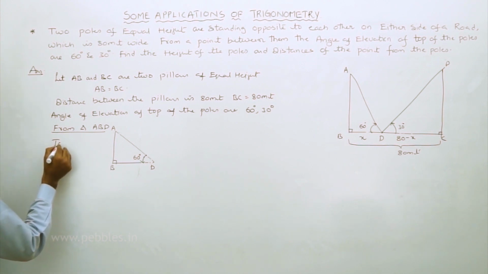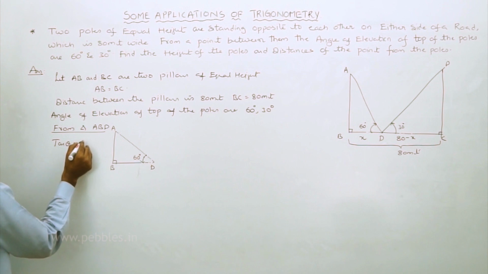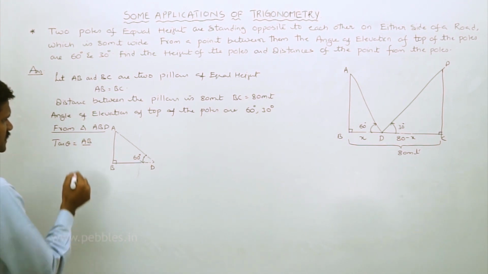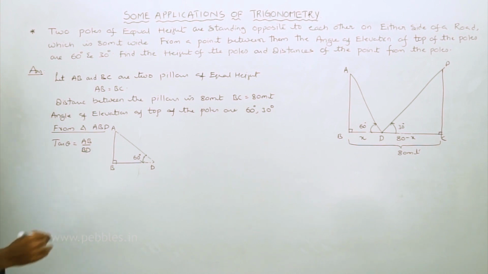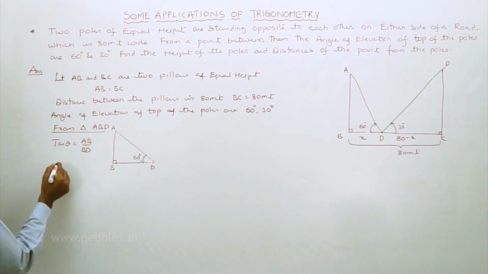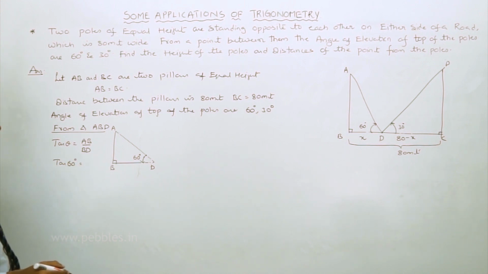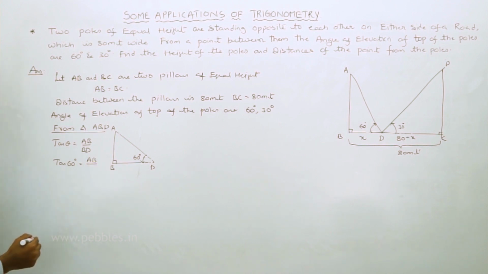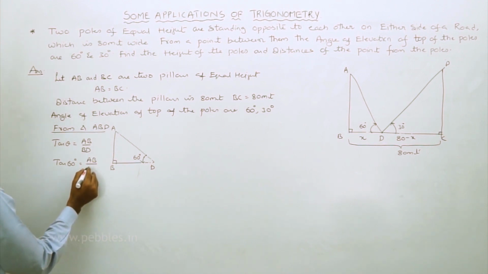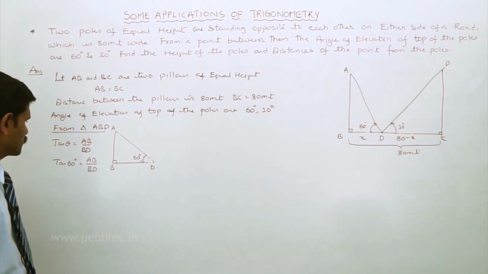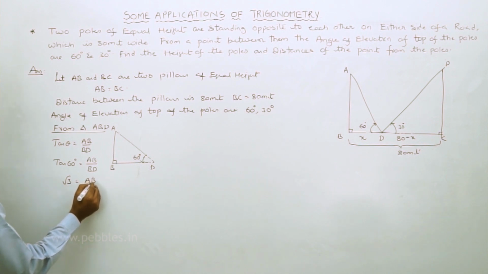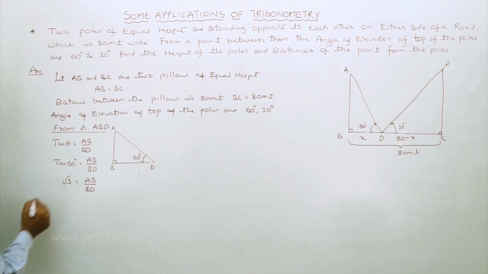Now, tan theta is equal to opposite side AB by adjacent side BD. That is, tan 60 degrees is equal to AB, which we have to find, by BD. Tan 60 is root 3, which is equal to AB by BD.